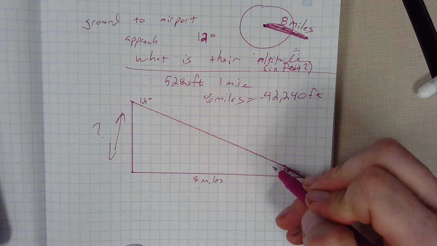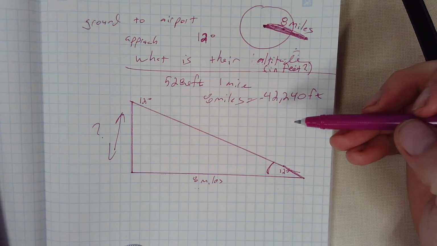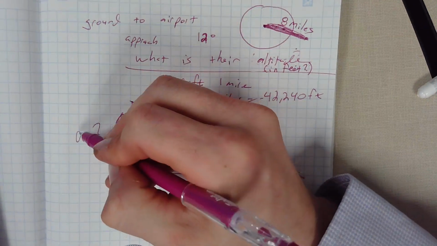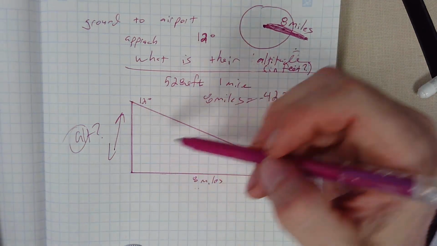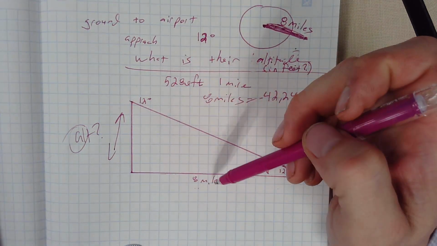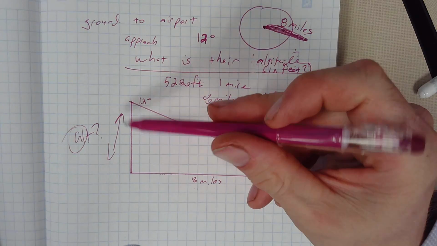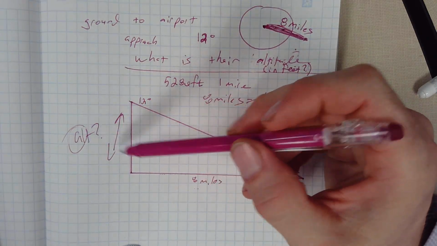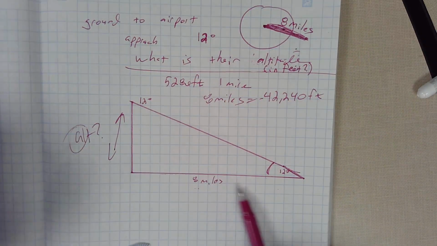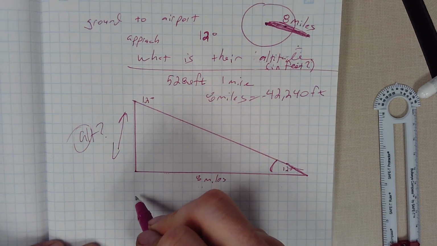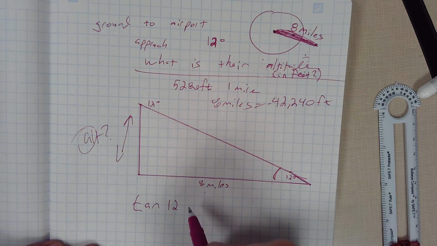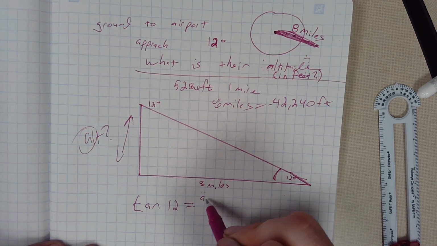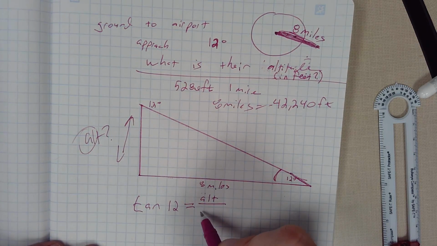So this is theta, right? Their height, their altitude, ALT, is opposite over adjacent. So we're using adjacent, and so this is the tangent. So I'm going to say the tangent of 12 equals altitude over distance, which is adjacent, ADJ.